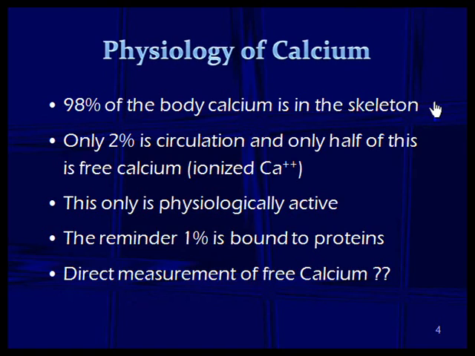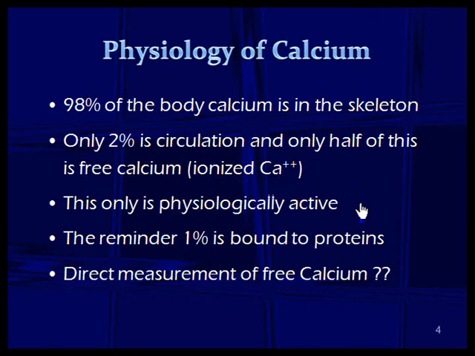98% of our calcium in the body is in the skeleton, in the bony part of our body. Only 2% of the calcium is in circulation, and about half of that is the free calcium, also called the ionized calcium.